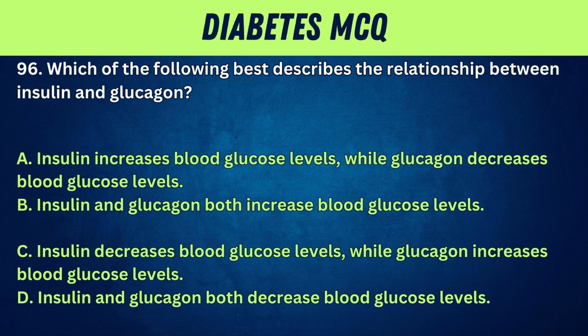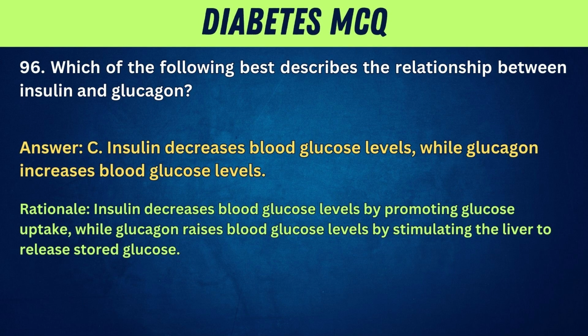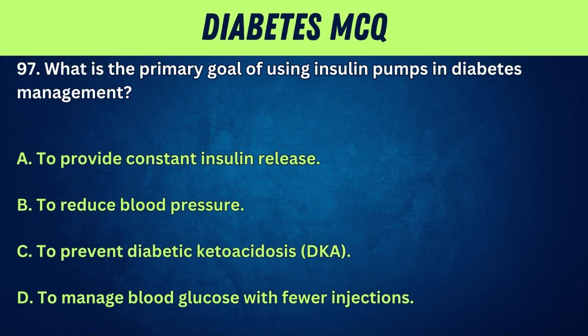D. Insulin and glucagon both decrease blood glucose levels. Answer: C. Insulin decreases blood glucose levels, while glucagon increases blood glucose levels. Rationale: insulin decreases blood glucose levels by promoting glucose uptake, while glucagon raises blood glucose levels by stimulating the liver to release stored glucose.